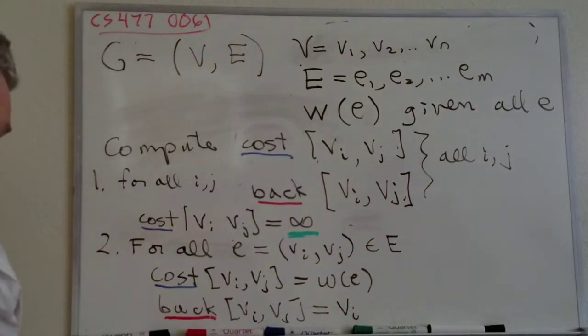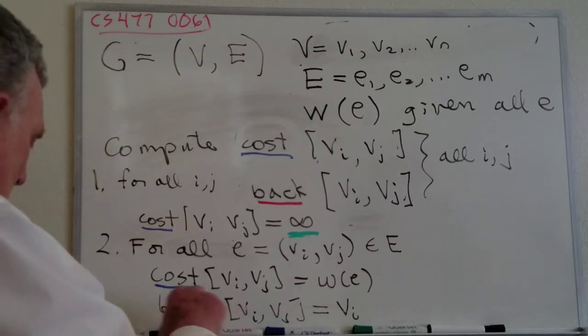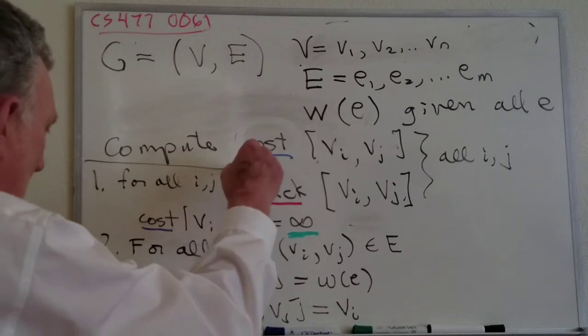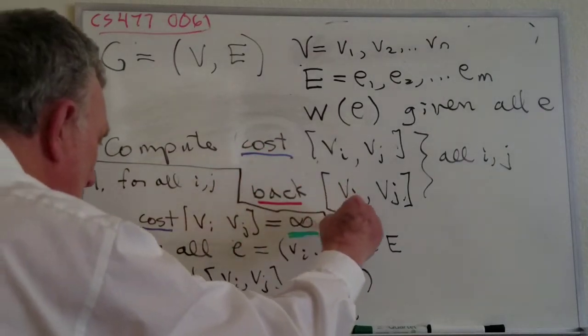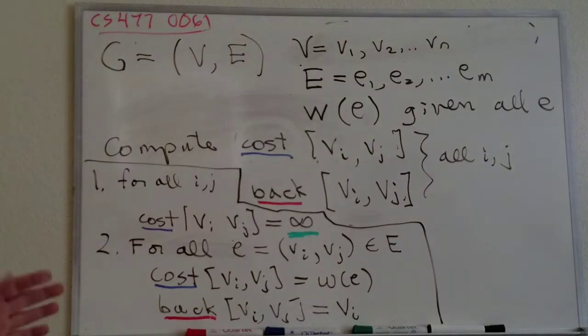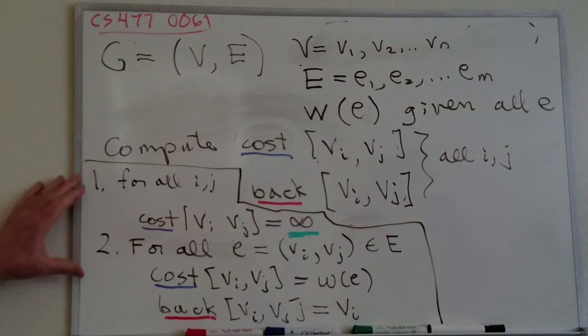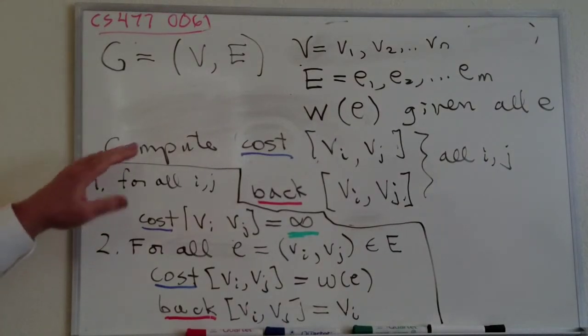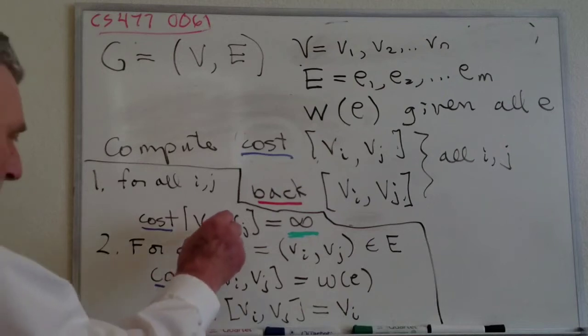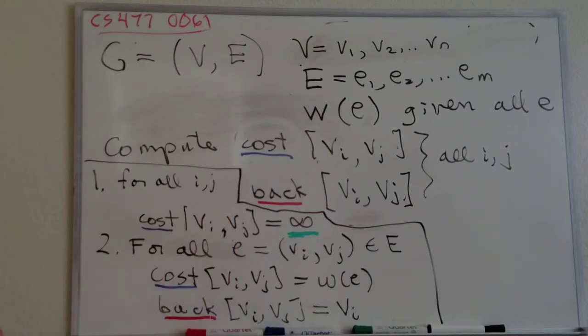Now, we then have to initialize the program, and I could start over again with a new whiteboard here, but I'm going to show right here how to initialize. Initially, the cost from vi to vj is initialized at infinity for every pair.